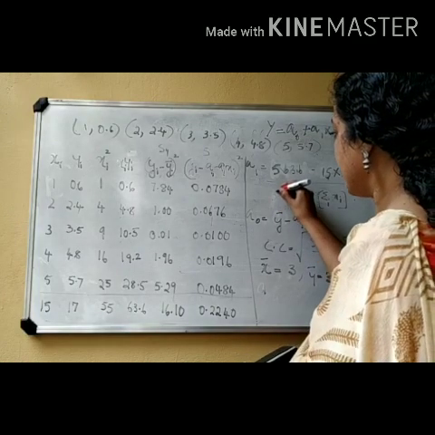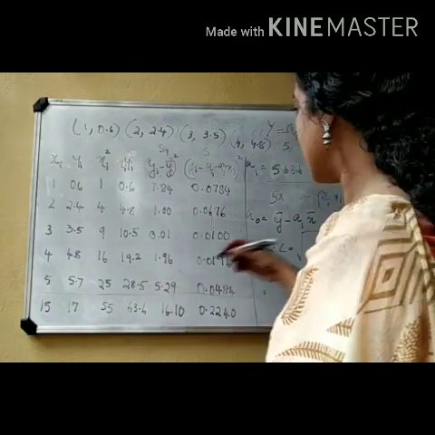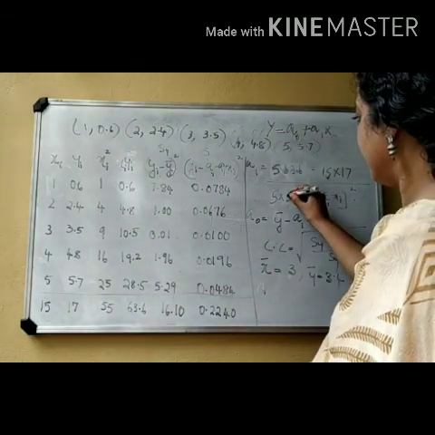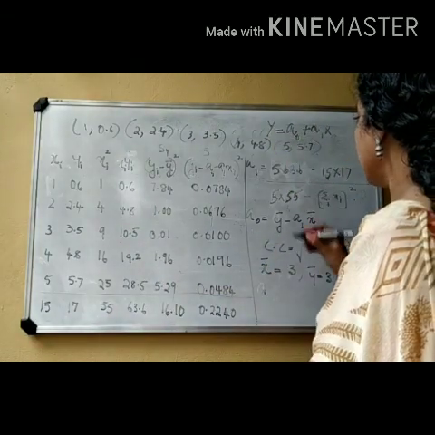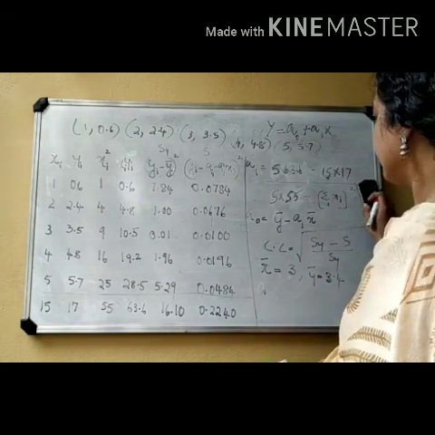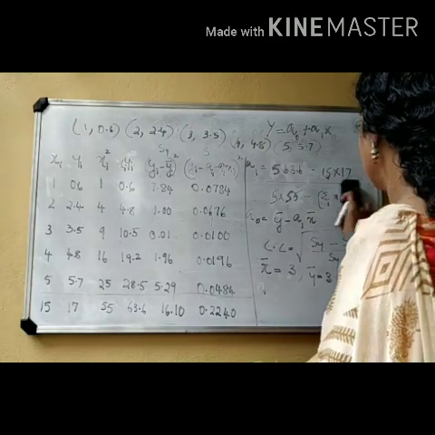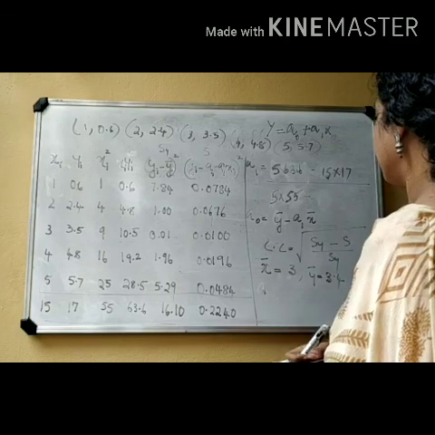N is 5 into xi square, which is 55, minus sigma xi the whole square, sigma xi is 15, so 15 square.